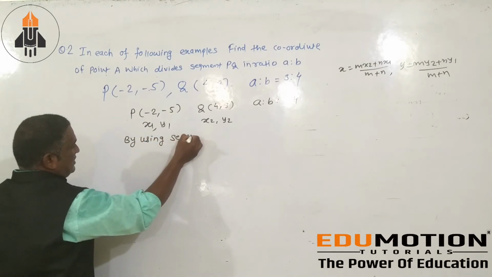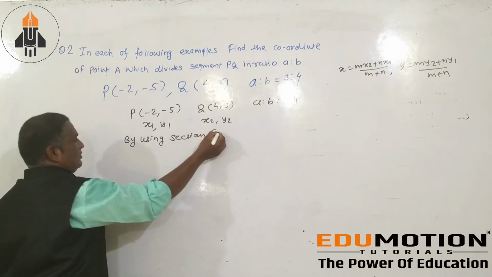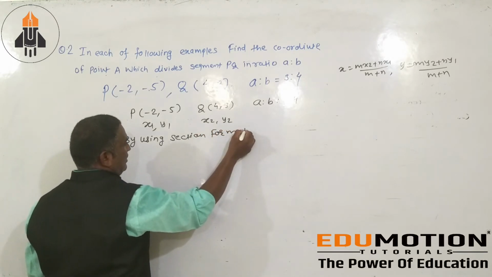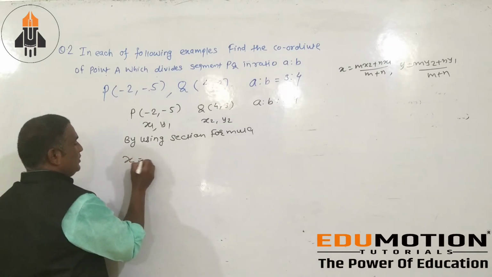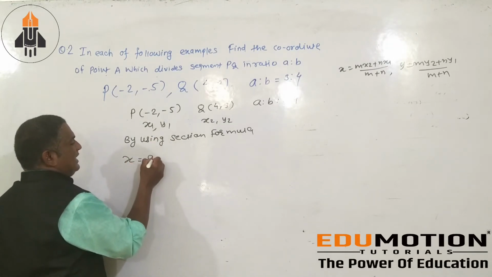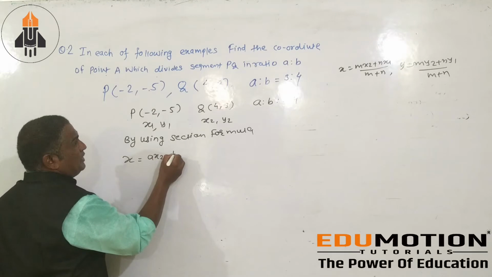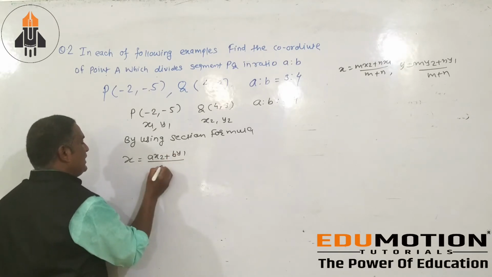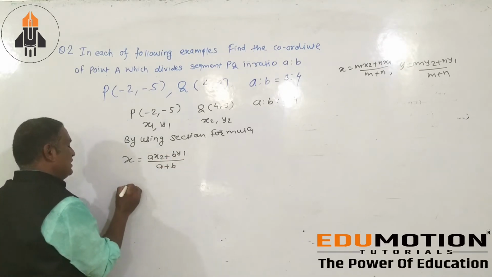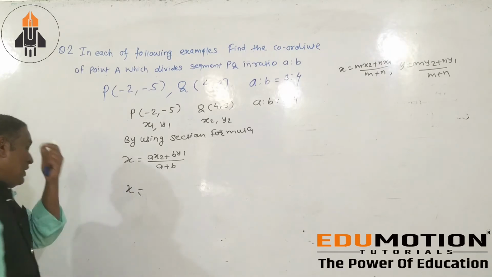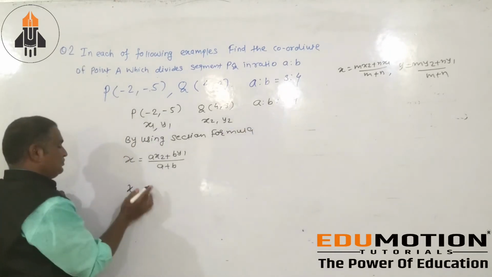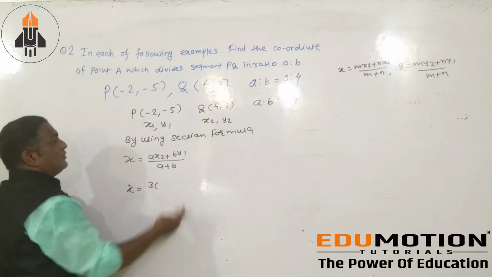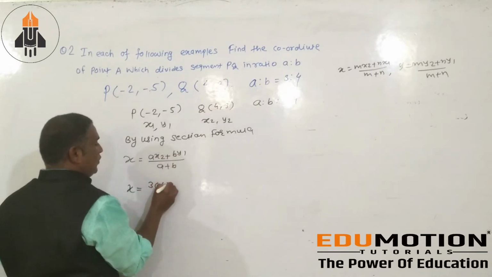Using section formula, x equals ax2 plus bx1 divided by a plus b. What is the value of a? 3, into x2 which is 4.